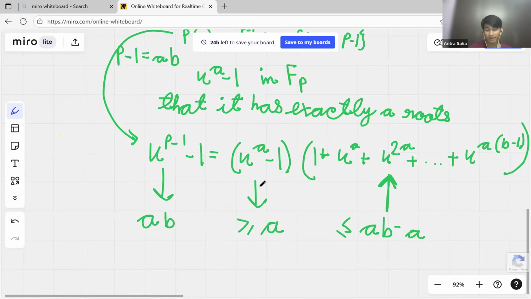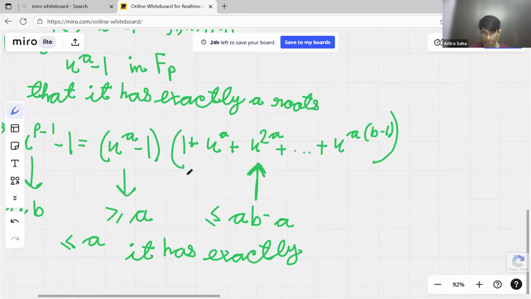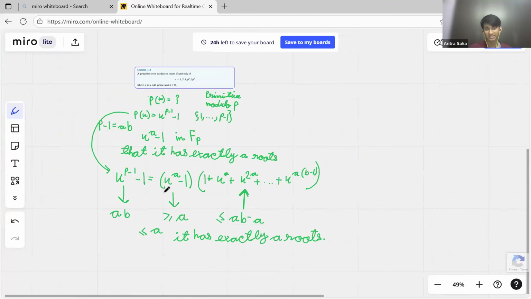So x to the power A minus 1 has greater than or equal to A roots, but we also know that it should have less than or equal to A roots, so that's why it has exactly A roots. Do you see the proof? Nice. Any doubt with this thing? That why x to the power A minus 1 has exactly A roots?